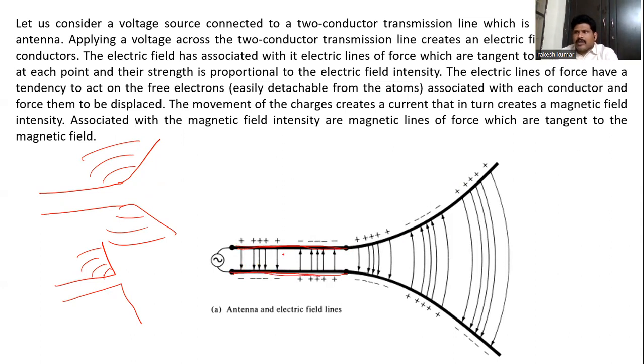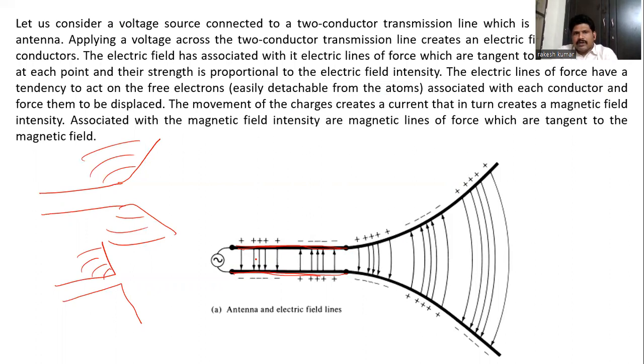Now let us consider a voltage source connected to a two-conductor transmission line, which is connected to an antenna. Applying the voltage across the two conductors of the transmission line creates an electric field. No doubt, whenever you apply a voltage across any pair of transmission lines, an electric field comes into picture.